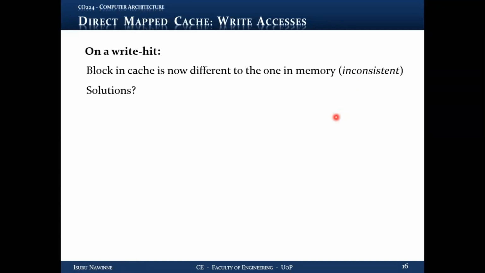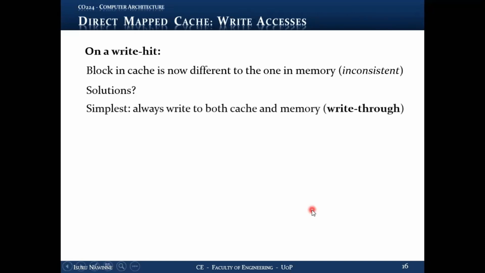So how do we handle that? This inconsistency creates issues for us. One possible solution is to always write to both the cache and the memory. Without writing just to the cache, you write to the cache and at the same time write to the memory, or ask the cache controller to write to the memory.